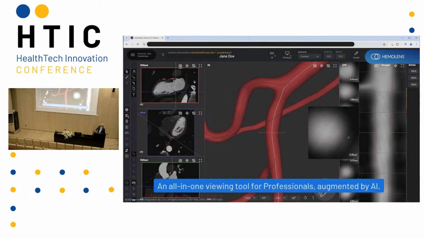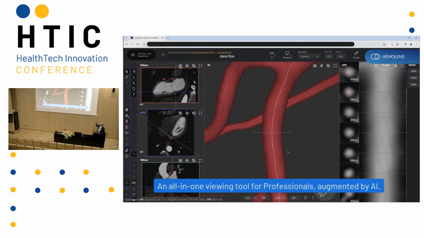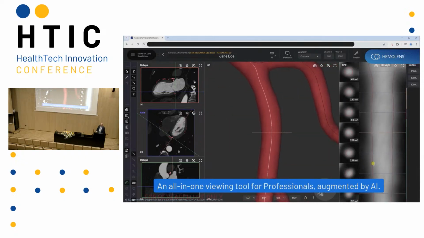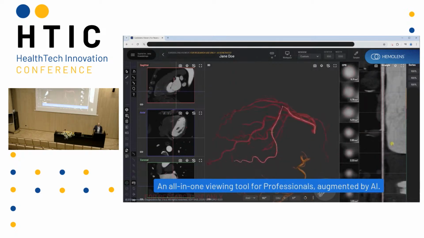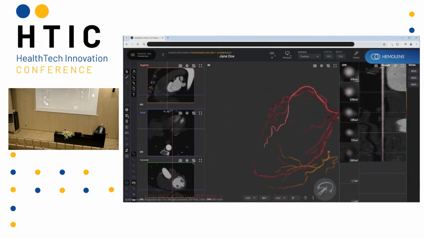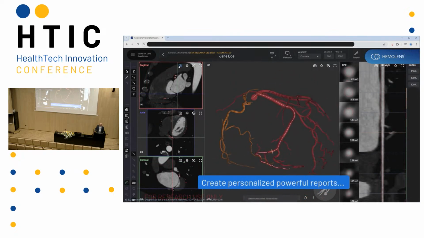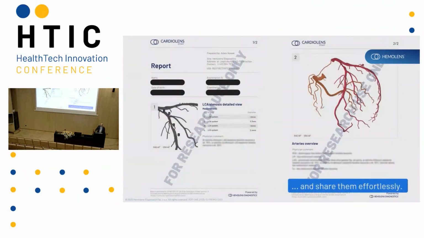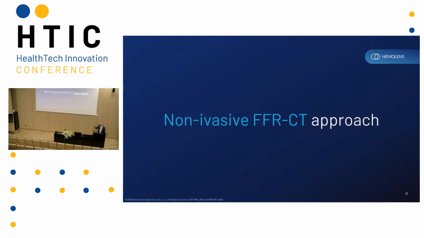Here we for sure use deep machine learning for models of segmentation of vessels. We also use those models for segmentation of plaque, and I will show it in the next slides. So finally, there is a nice report available. That's analyzing images only.